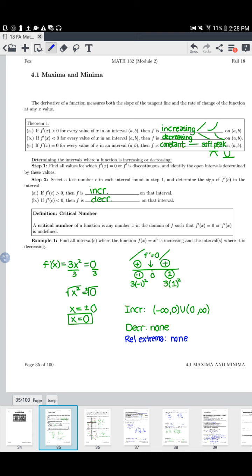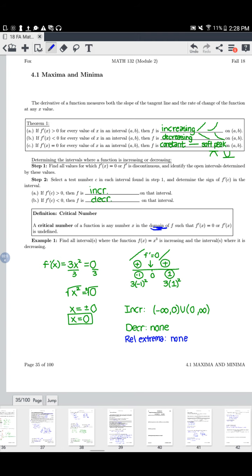A critical number of a function is any number x in the domain of f. So what's important here is domain. If I'm looking at this definition here, the x value has to be in the domain, which means we should be allowed to plug it in right away. It shouldn't make us take the square root of a negative number or divide by 0.